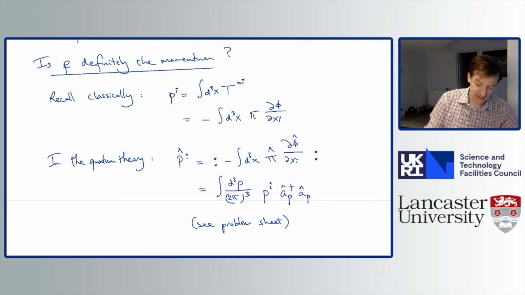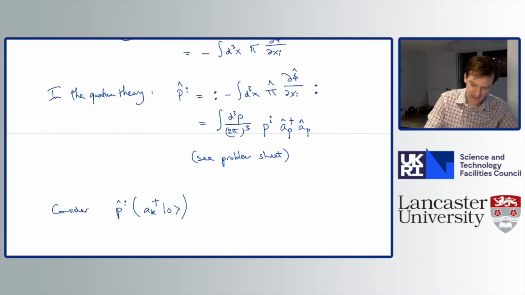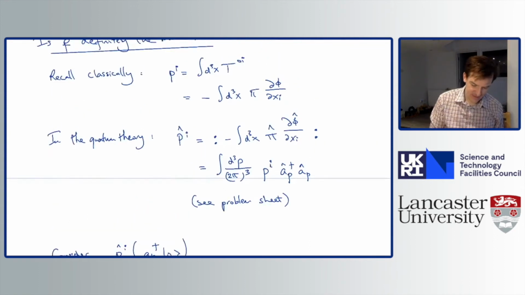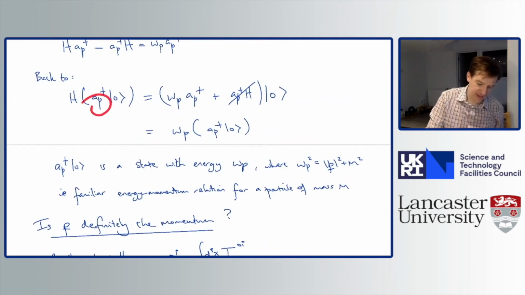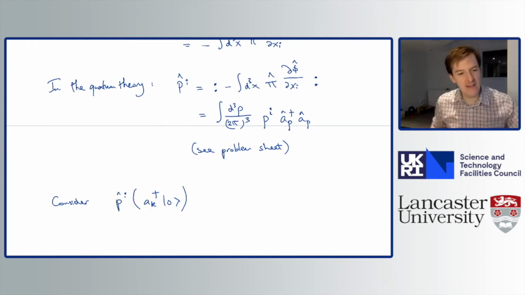The point is, I've told you what the momentum operator is. Just as we considered the Hamiltonian acting on this state, which I'm claiming is the one particle state, we can then consider this momentum operator acting on this state that we're interested in. So it was a dagger acting on the vacuum, but this time I'll label it with a K. Before I used P, but because I'm using the P operator, I'm going to switch the label and have a K, but otherwise everything's the same.